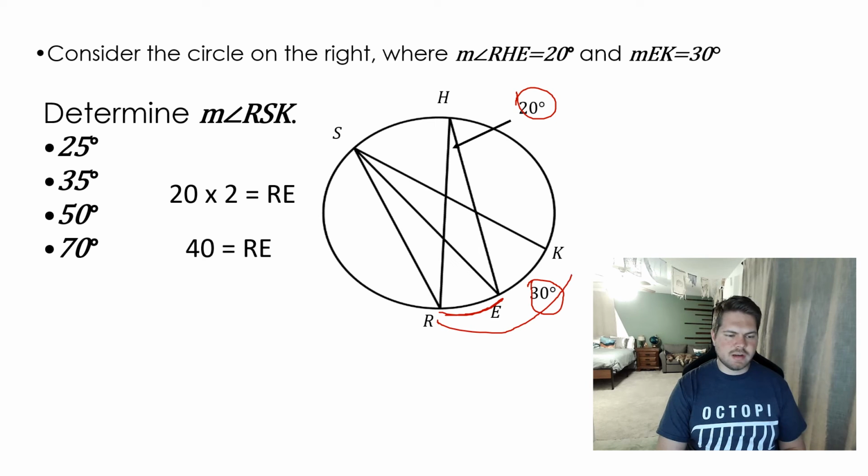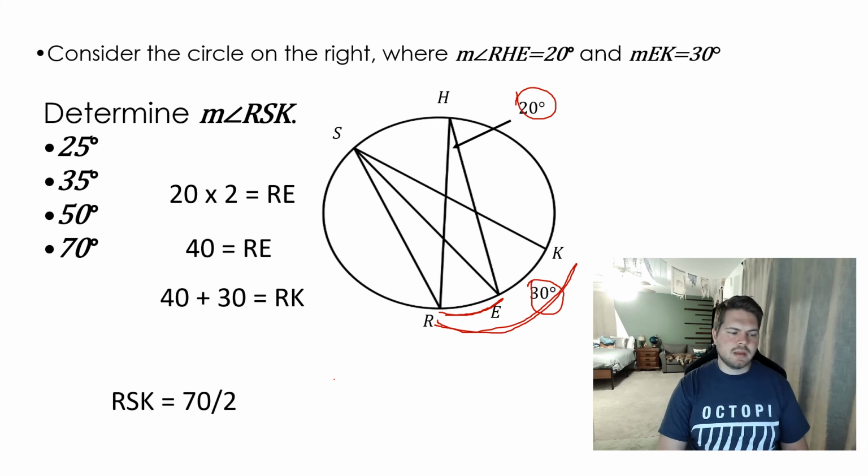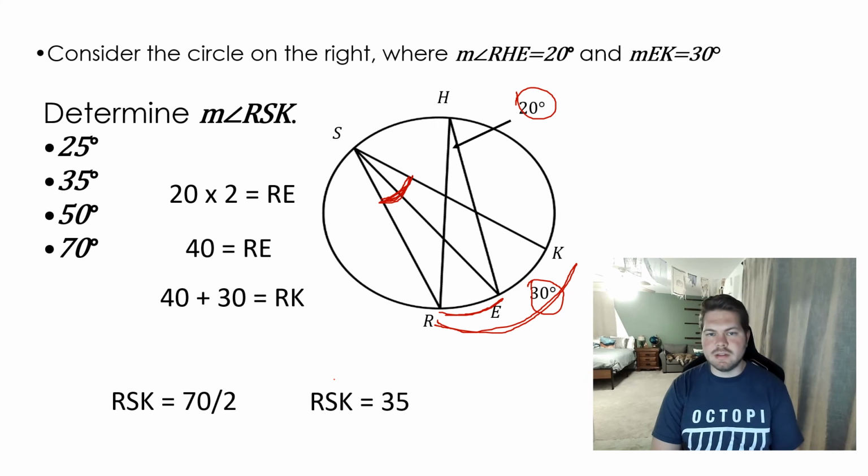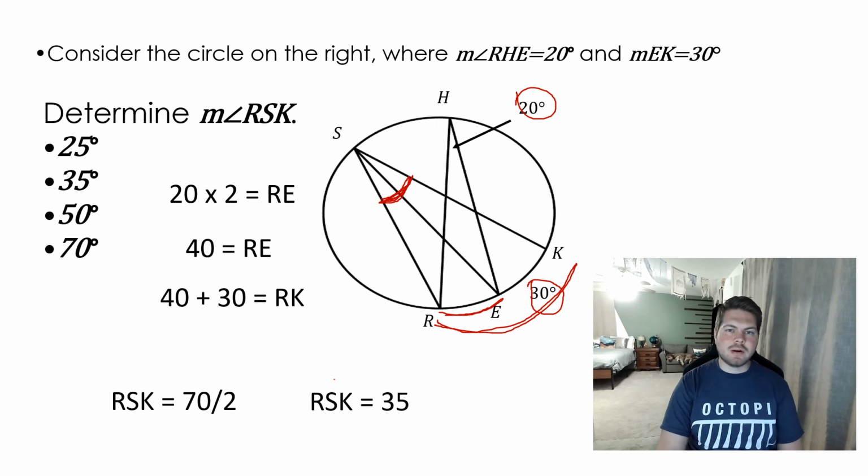Well, we can then find out RK by adding 30 and 40. So we get that RK is 70. Well, RSK, the angle that we found in the last one and that we're finding again, is half of 70. So there's multiple ways to solve these questions, so find whatever works best for you.